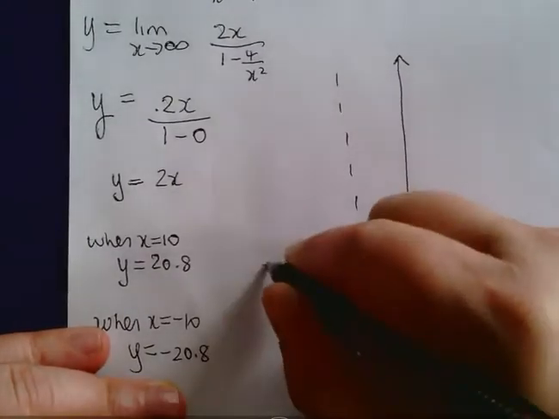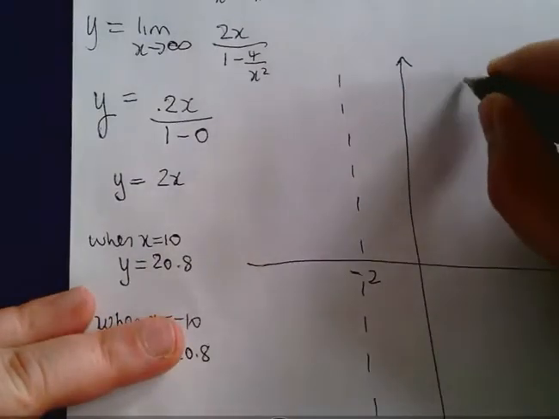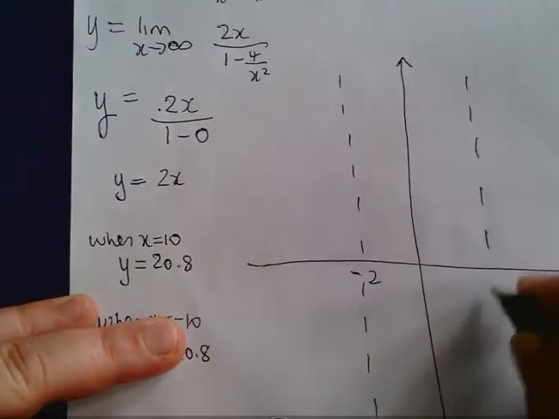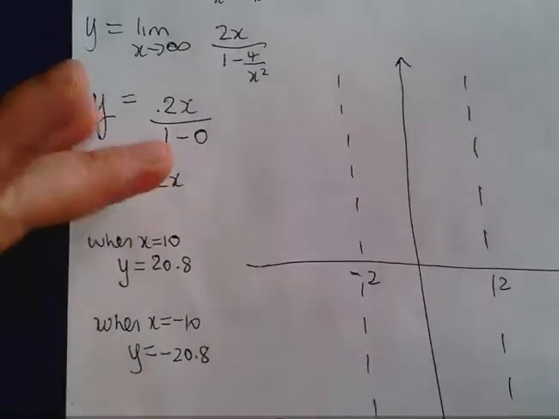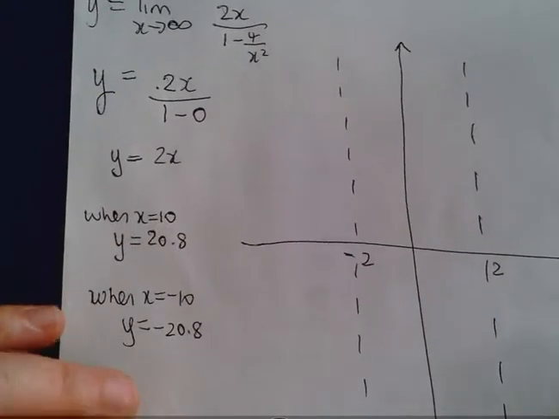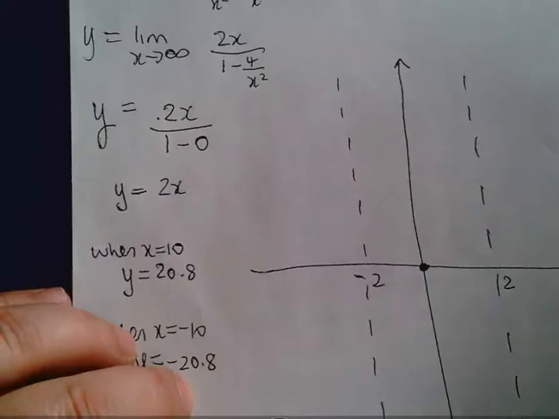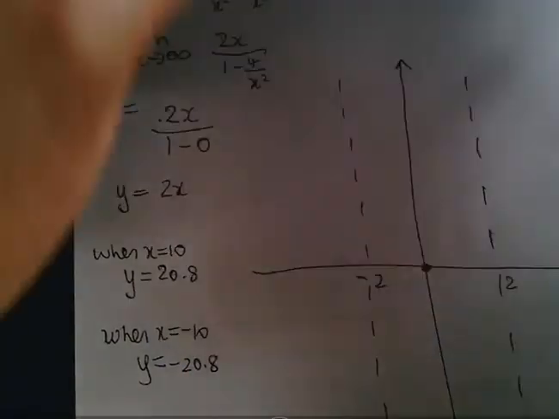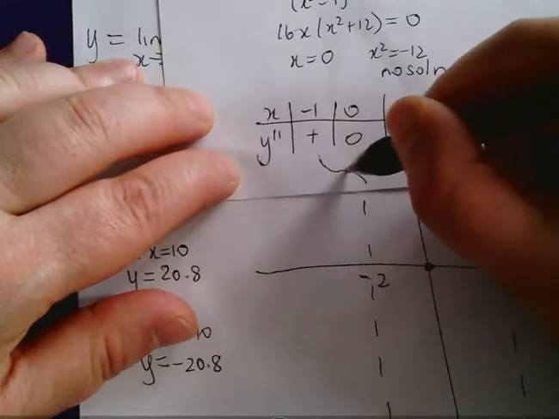Asymptote at negative 2. I have a feeling this is an odd function. I think it's an odd function. Remember we've got 0, 0, what do we have? An inflection, don't we? And at 0, 0, you can see the shape of the curve. Concave up, concave down.